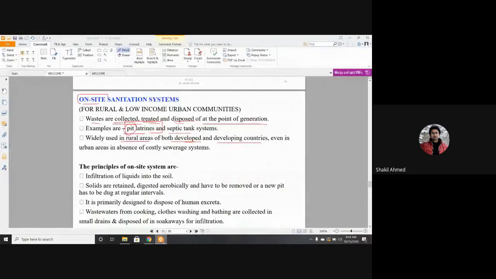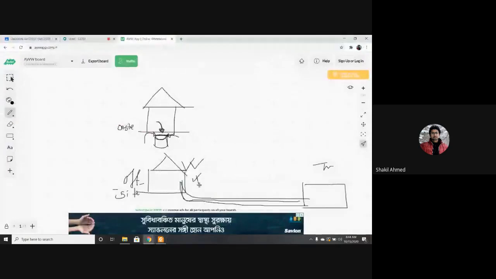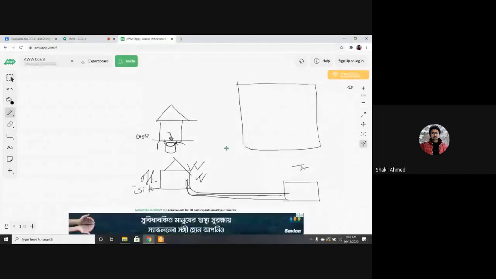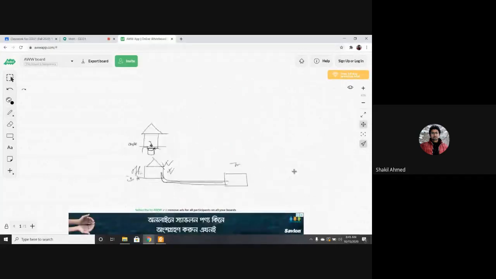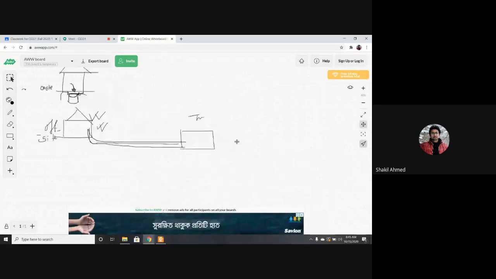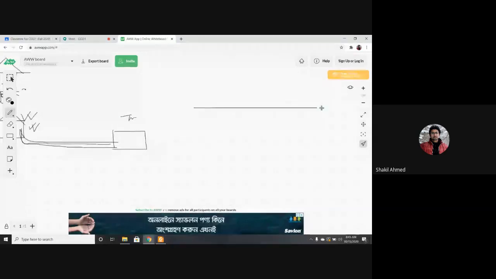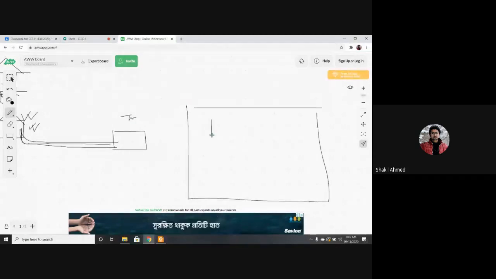Okay, for this system you need a pipe network. Therefore, this is costly. So this is only a viable method where you have a densely populated area, for example, lots of buildings closely located.